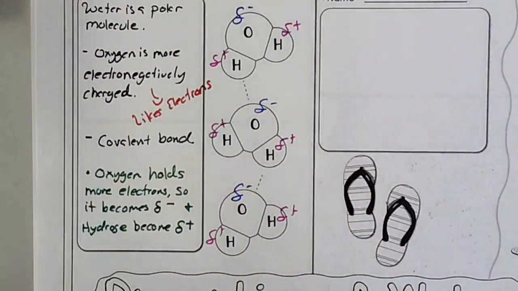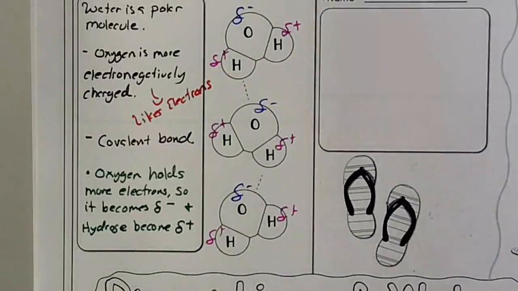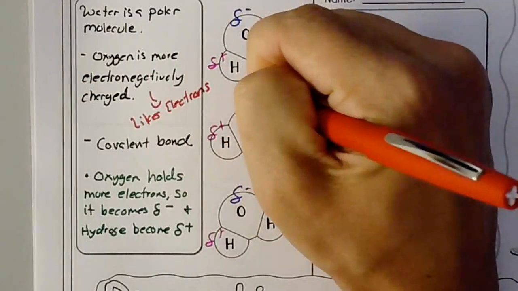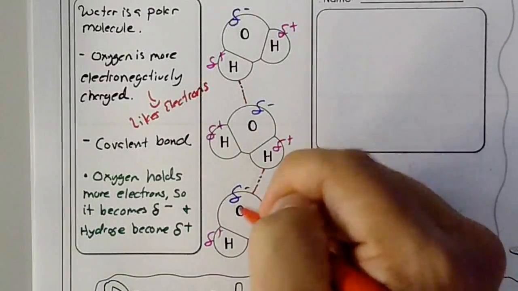Okay, but in the world, opposites do what? Attract, right? So what it forms is this little bond right here. So this positive and that negative like to link up with each other.